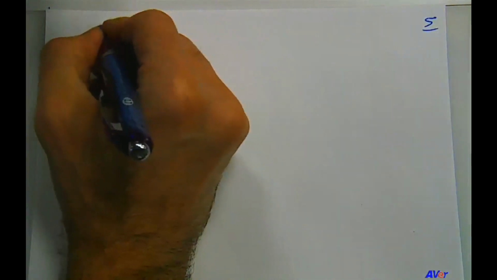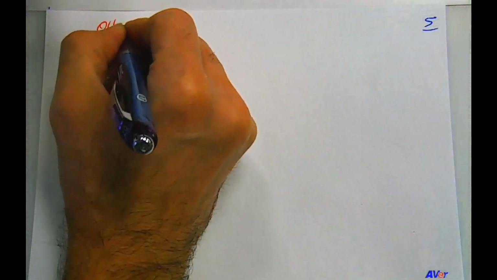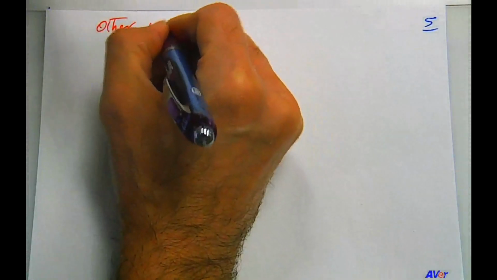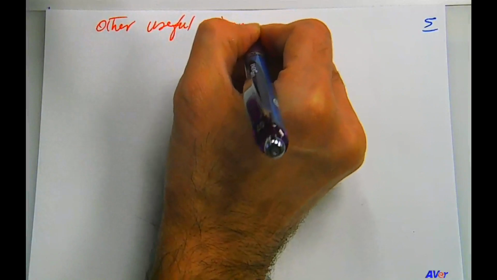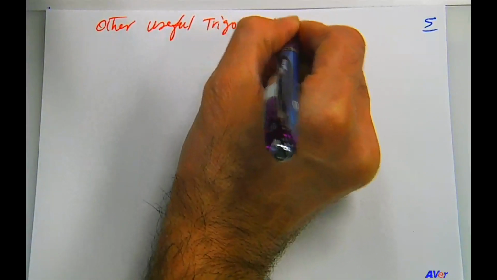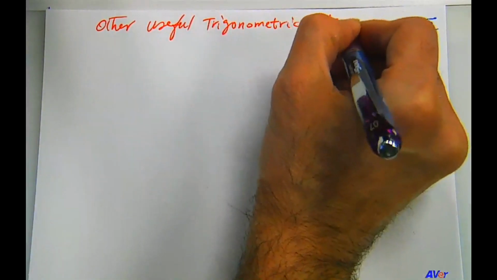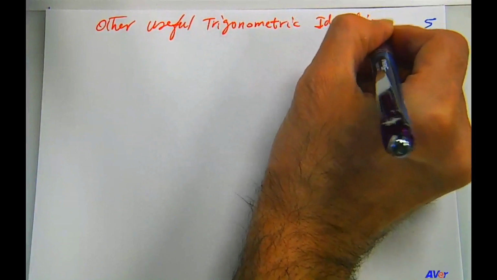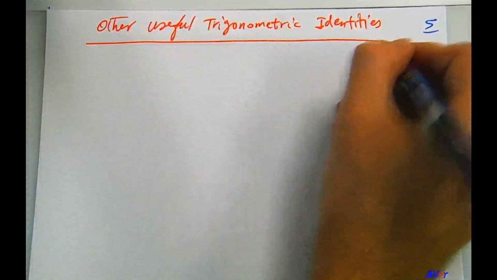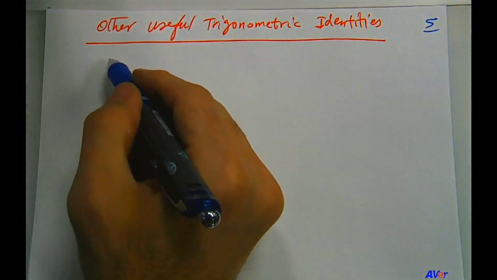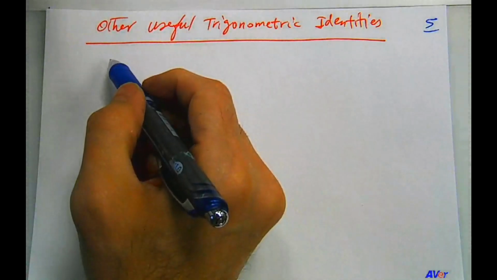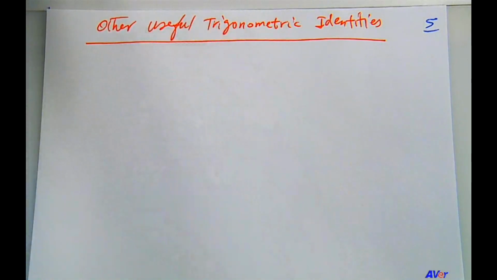Like that. So this is, let me call it, other useful trigonometric identities. Like that. So we say that, well, let's just write them out.